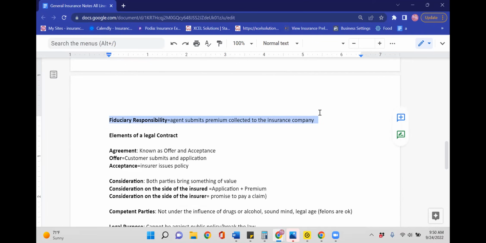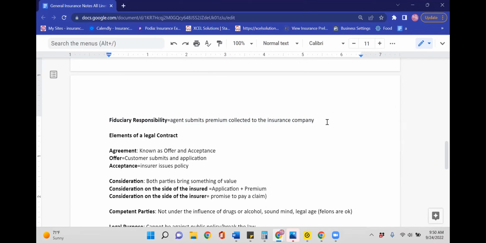What you as an agent are being trusted with is collecting money from the customer and giving it to the insurer. So you are being trusted with collecting premium from the customer and giving it to the insurer. So fiduciary responsibility is collecting money from the customer and giving it to the insurer. That is your main job as a fiduciary.